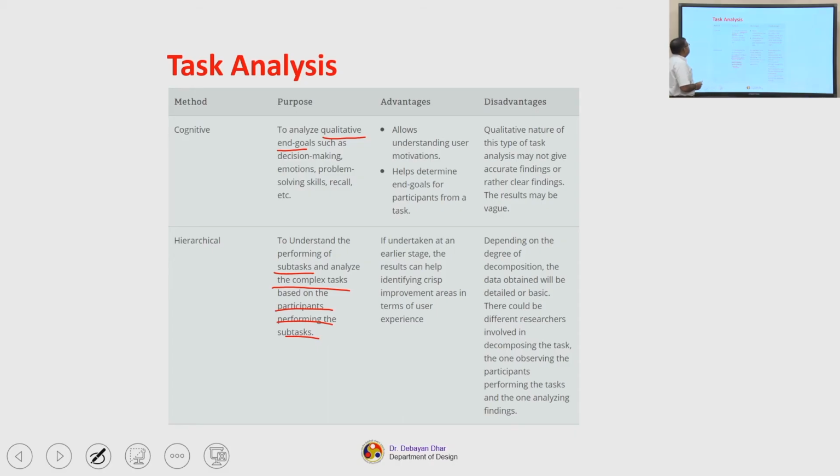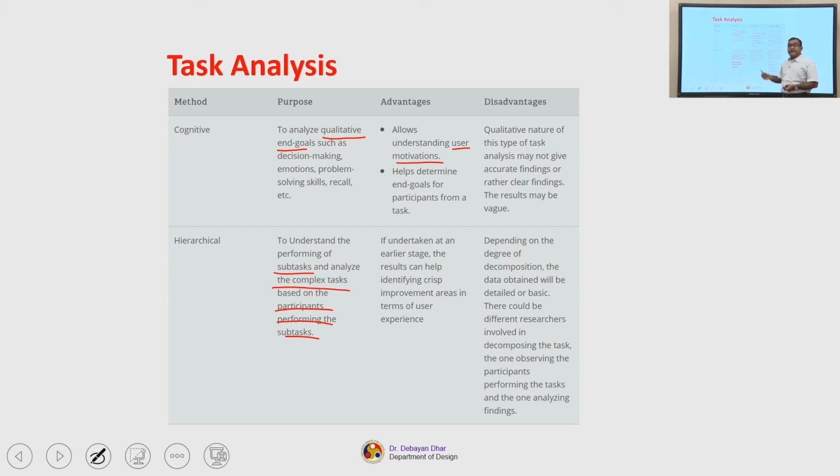Now, the advantage of cognitive task analysis is that it allows understanding user motivations. So, apart from cognitive task analysis, there are other ways to understand user motivations. For example, conducting contextual inquiry, also conducting rich insightful interviews and surveys also allows you.